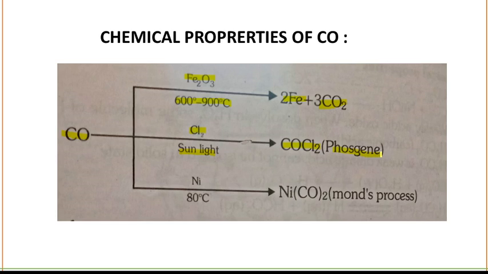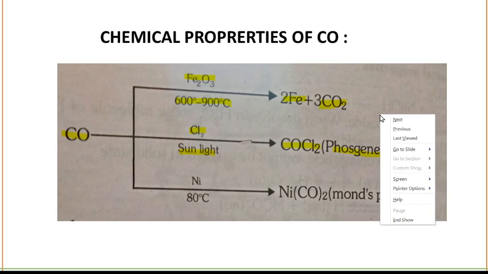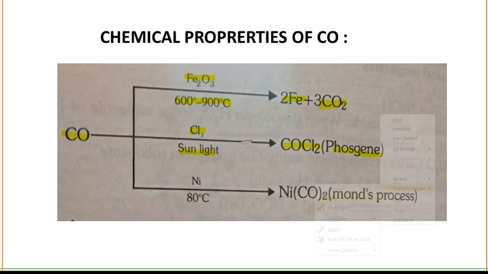If you talk about the bond length in case of COCl2, between carbon and chlorine it is 174 picometer, and between carbon and oxygen it is 118 picometer, and the bond angle in COCl2 is 111 degree. You have to remember the bond angle in case of COCl2.